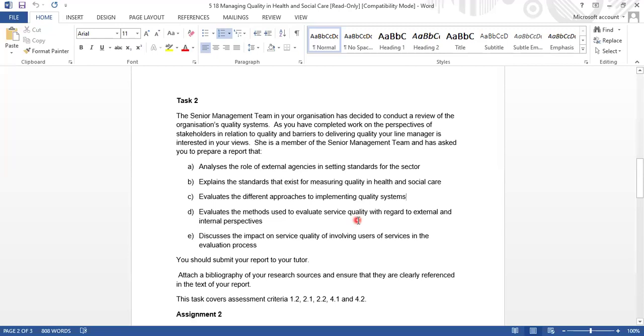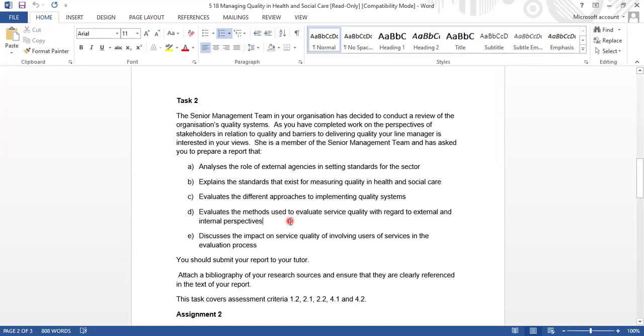So for instance, we talked about external evaluation from patients or service users' feedback. We talked about feedback from different other stakeholders such as CQC or the NHS itself. So you can use several methods.